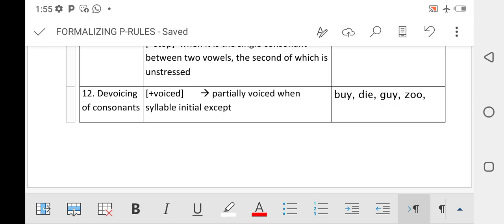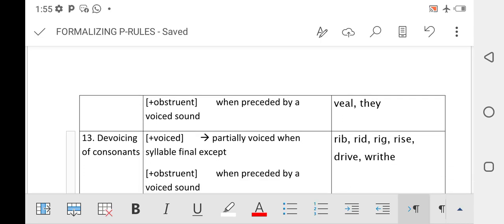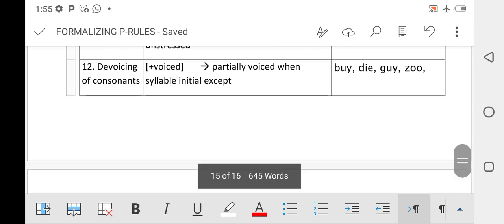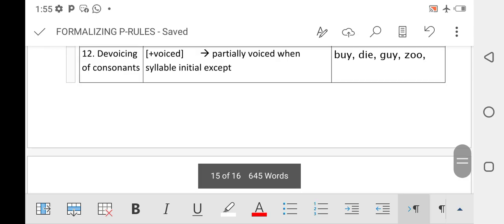They become partially voiced when at the syllable initial position, except when they are preceded by a voiced sound. Okay, when they are at the syllable initial position. All right.